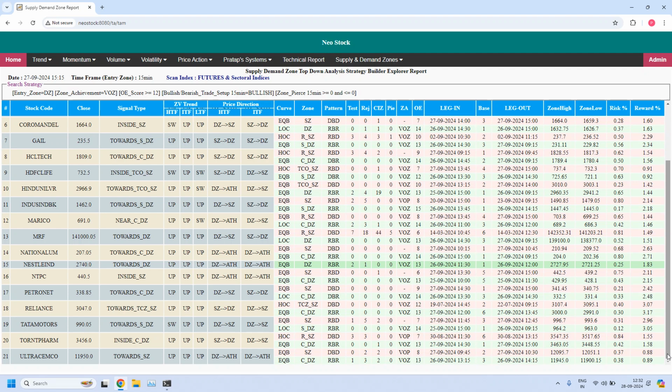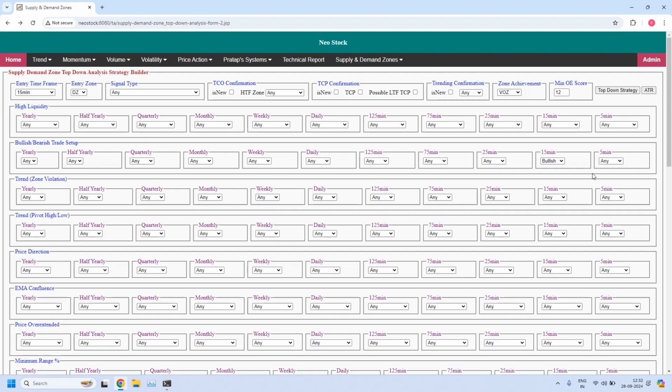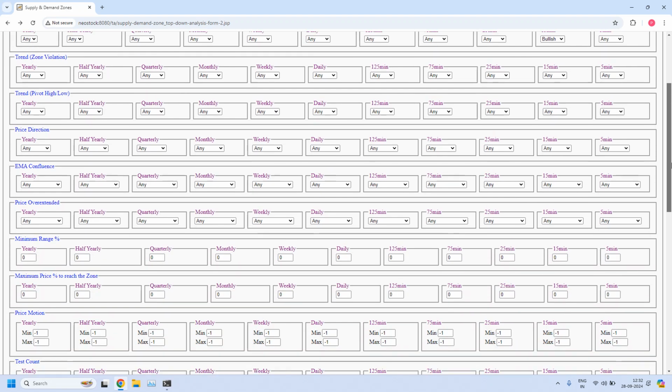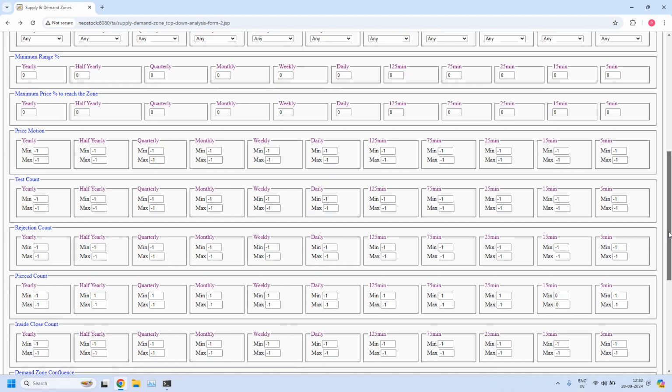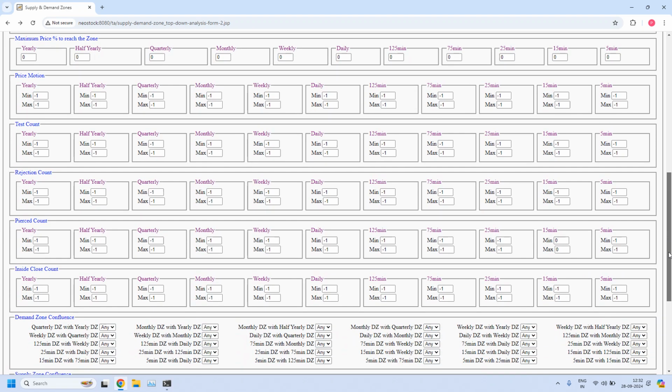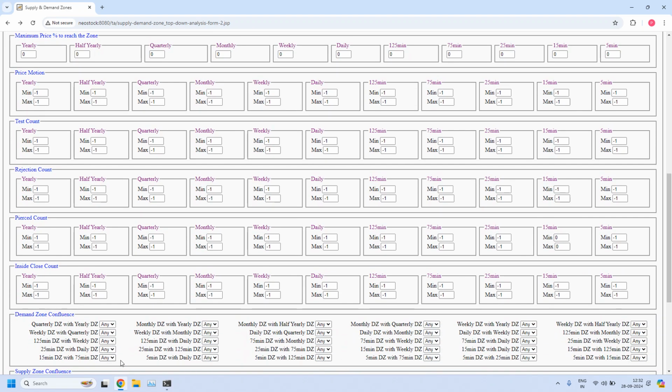Okay, now let's verify how many of these 21 stocks are having ITF demand zone confluence. That is a 15 minutes demand zone with 75 minutes demand zone confluence. That means the 15 minutes demand zone should be part of the 75 minutes demand zone.